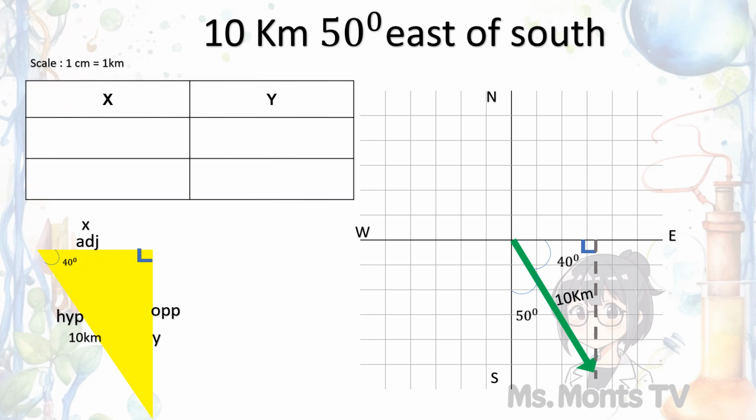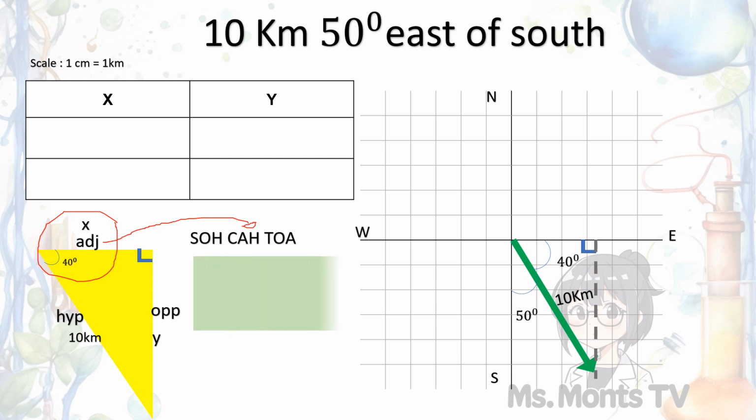So let's resolve it into x and y components. We have SOHCAHTOA. Let's start with x. As you can see, the x is the adjacent. If it is adjacent, we're going to use cosine. So cosine theta equals adjacent over the hypotenuse, 10. So 10 cosine 40.